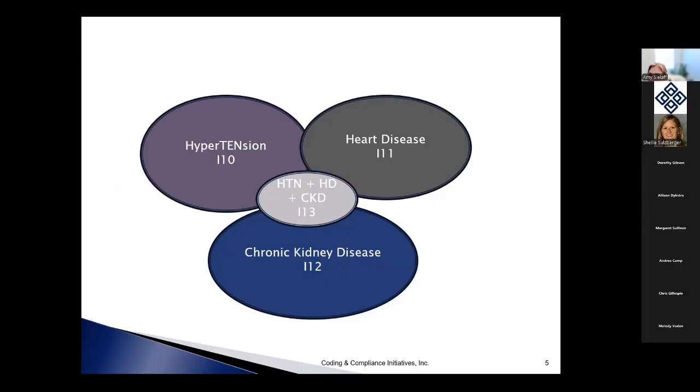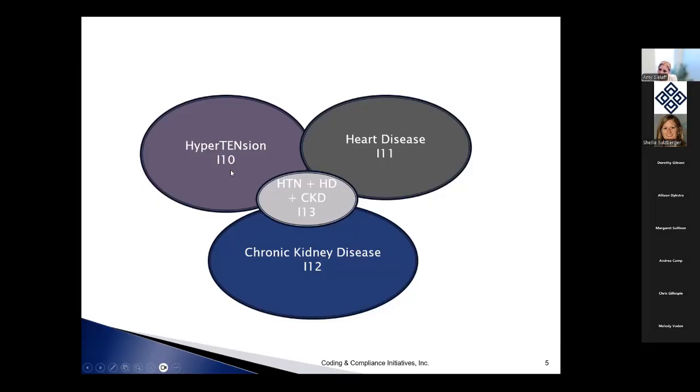So when we start thinking about hypertension, in ICD-10, there is not a difference for coding purposes for hypertension essential, benign hypertension, controlled hypertension, uncontrolled hypertension. All of those go back to I-10.